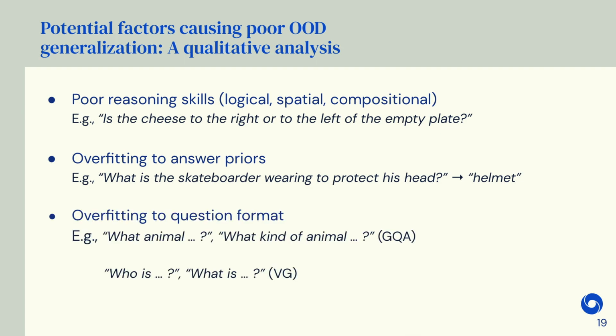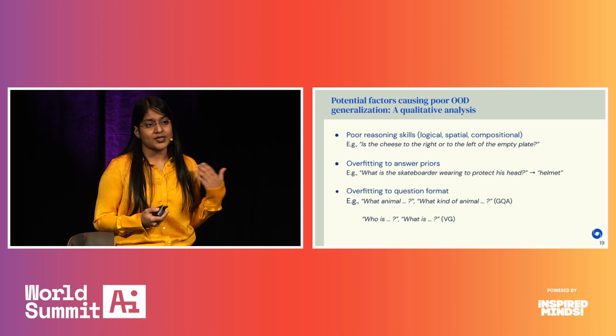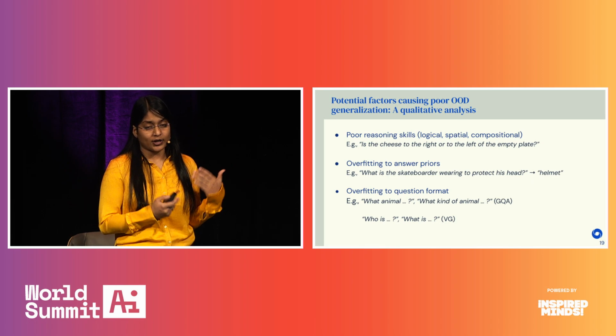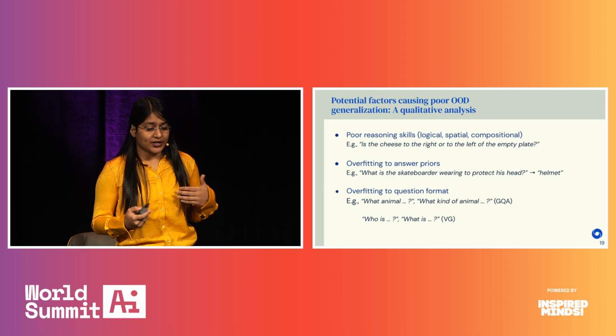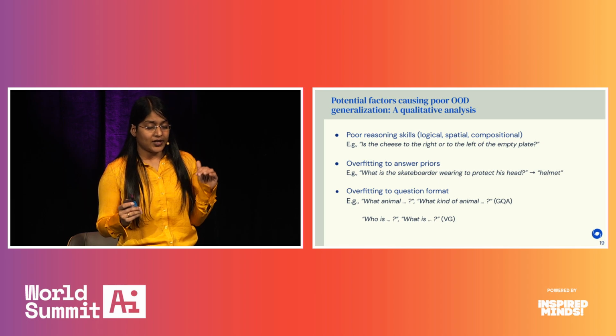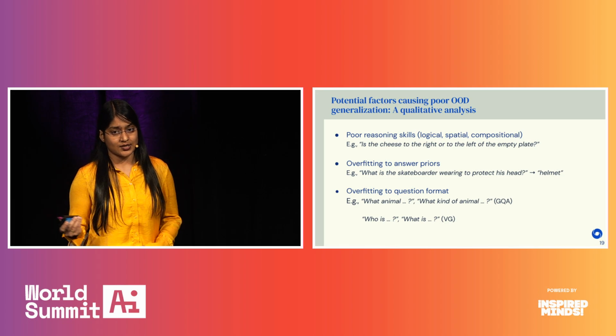And another interesting finding was they also tend to overfit to the question format. So for example, in one data set, the questions about animals are phrased as what animal, blah, blah, blah, what kind of animal, blah, blah, blah. And then I evaluate it on a different data set where the question is phrased in a different form. For example, who is holding the leash? Who is on the leash? What is on the leash?